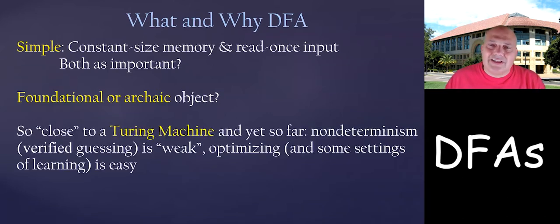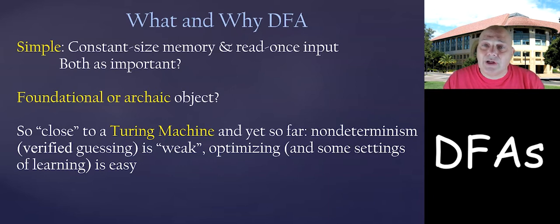The reason is that it will allow us to talk about various aspects of computation in a very limited model for which we can say more things. This is something that's so close to a Turing machine, and yet it is pretty far. We'll be able to introduce non-determinism, verified guessing, and it will be very weak in this sense.